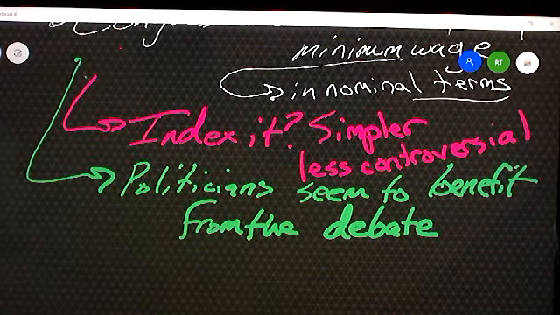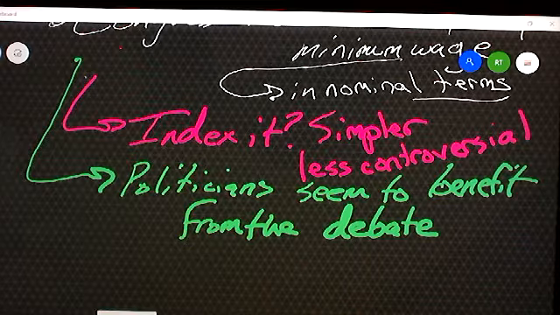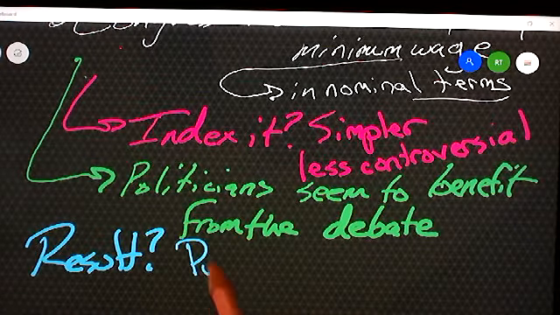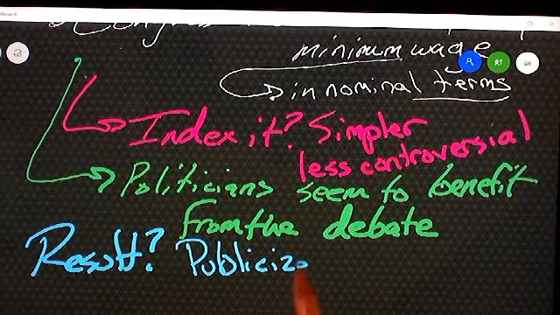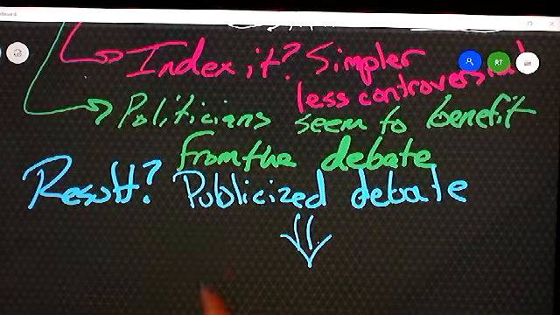They like the fact that they're part of it and get to debate back and forth. They get to say, well, I increased minimum wage, and the other side gets to say, well, I didn't increase the nanny state and help increase the pay for people that are cleaning toilets that shouldn't be getting more than $2 an hour, or whatever they think. We get periodic increases as a result. Publicized debates will deliver us some periodic increases.